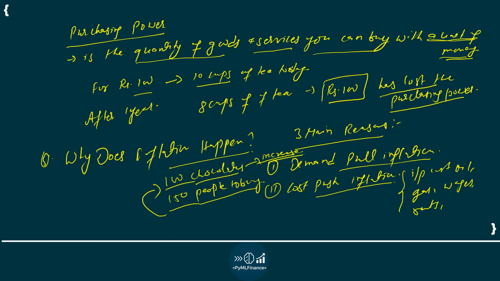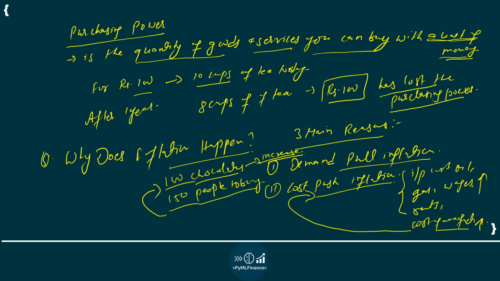If the prices of these input costs rise, the cost of manufacturing will increase, and in this case the cost of the final product will also increase. So this is the idea of cost push inflation. When the input cost increases, the prices of the final goods also increase.